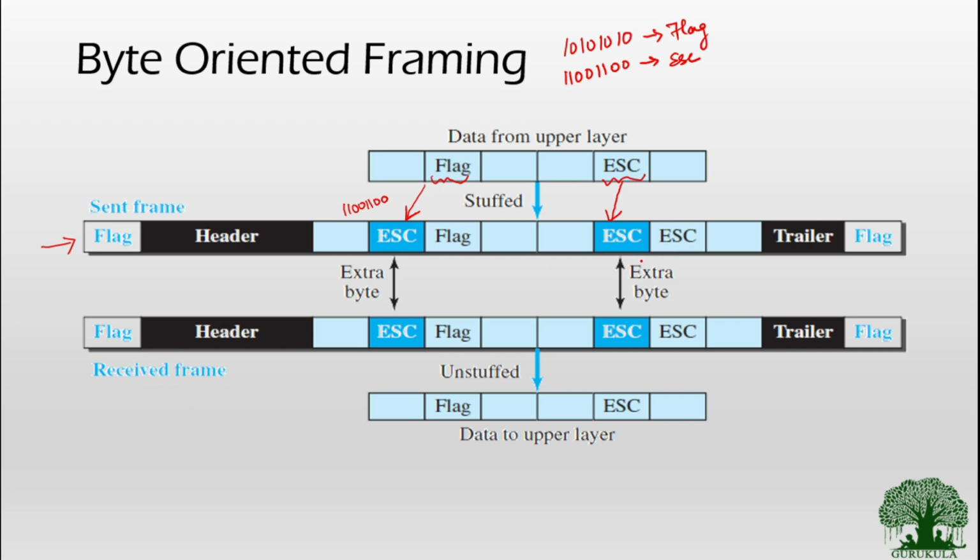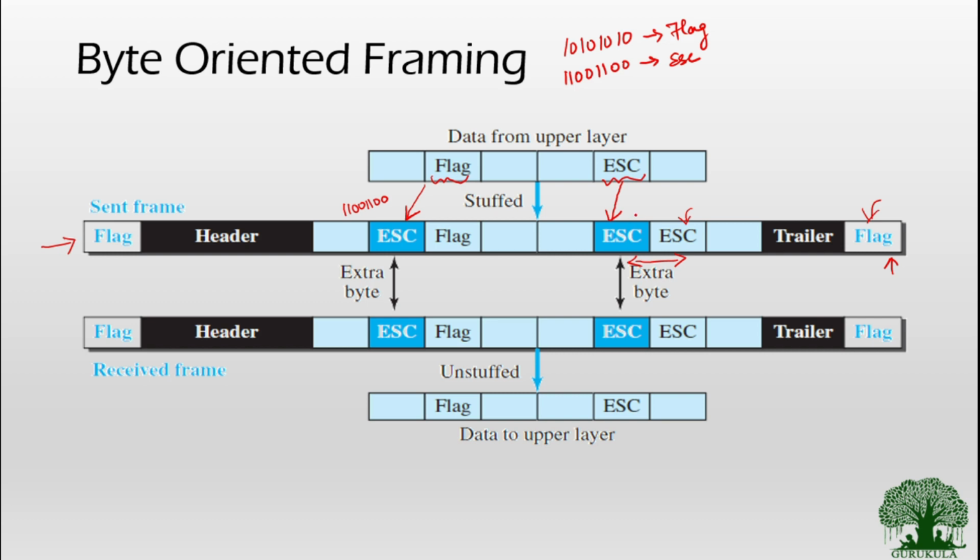Now it will be easy for the receiver to identify whether this is the start of the frame or a part of the data. So whenever I receive only the flag sequence not followed by any escape sequence, it will be assumed to be the start of the frame, and it will keep on processing. Then it encounters an escape sequence, and you could observe that there are two escape sequences appearing consecutively.